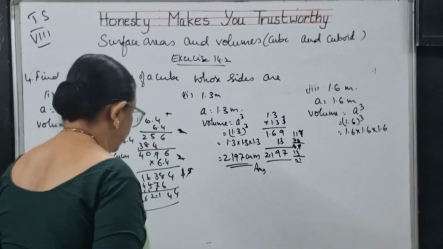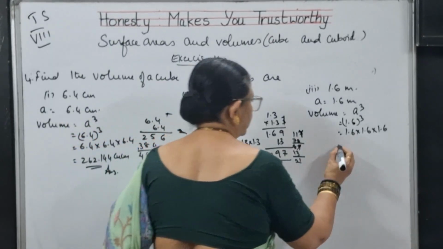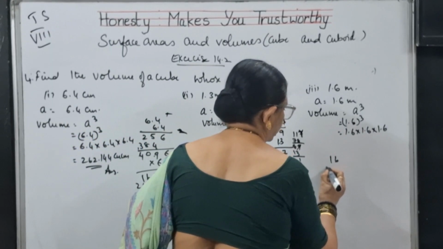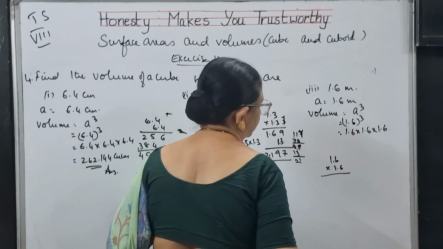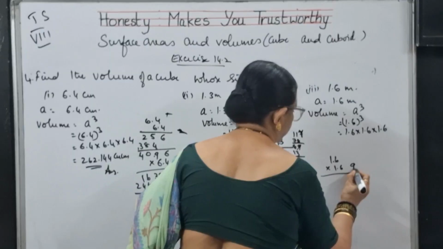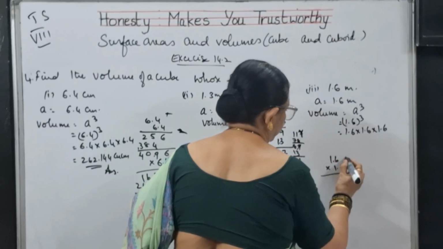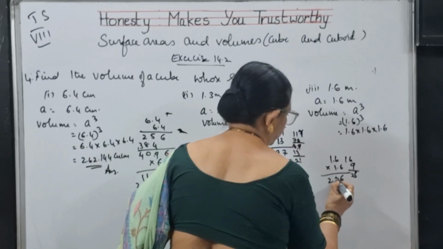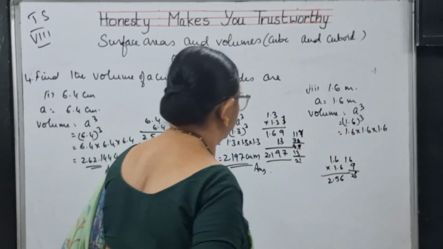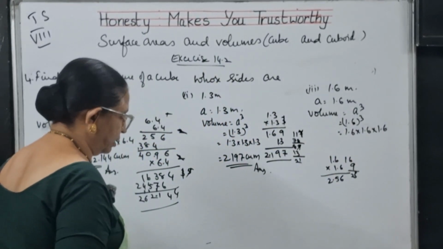Let us see this. 16 sixes are 96, 16 ones are 16, so we get 2.56.